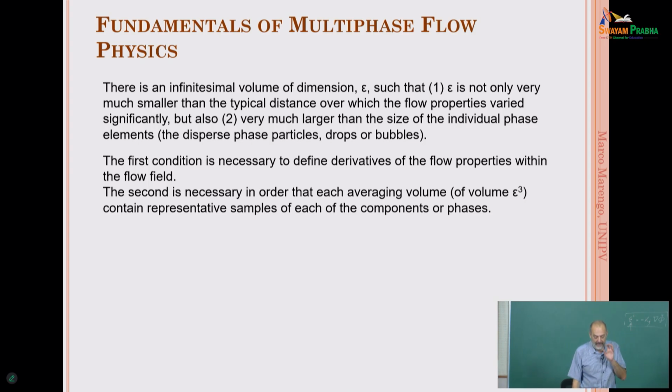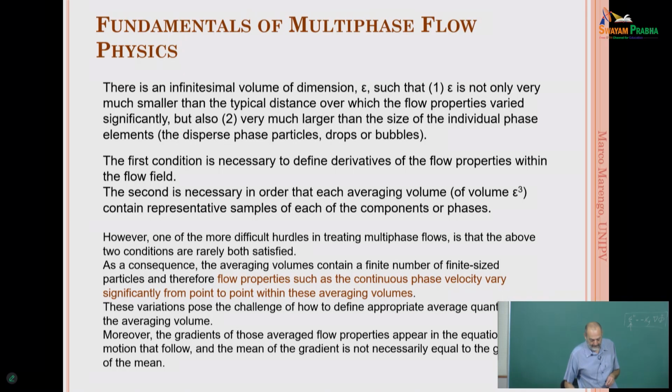The fact that the volume is small enough to have constant properties is important in order to have smooth derivatives for the flow. The second point is to have enough samples of the dispersed component.